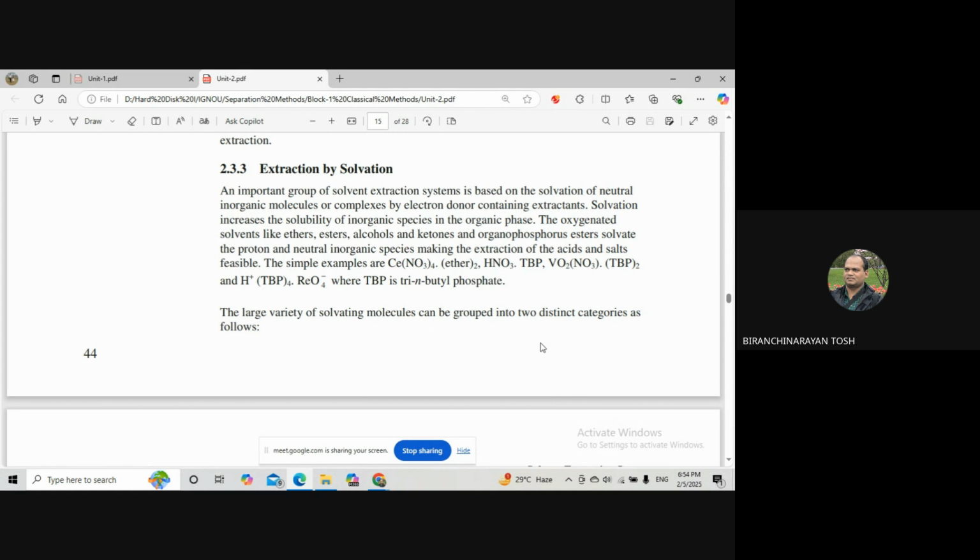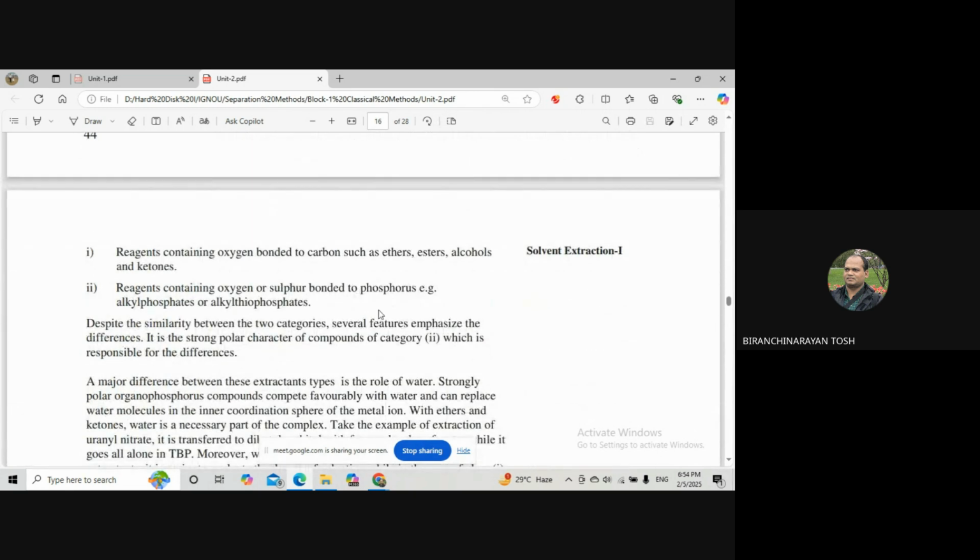So the large variety of solvating molecules can be grouped into two distinct categories: the reagents containing oxygen bonded to carbon, such as ether, ester, alcohol, and ketone, and the reagents containing oxygen or sulfur bonded to phosphorus, for example alkyl phosphates and dialkyl thiophosphates.